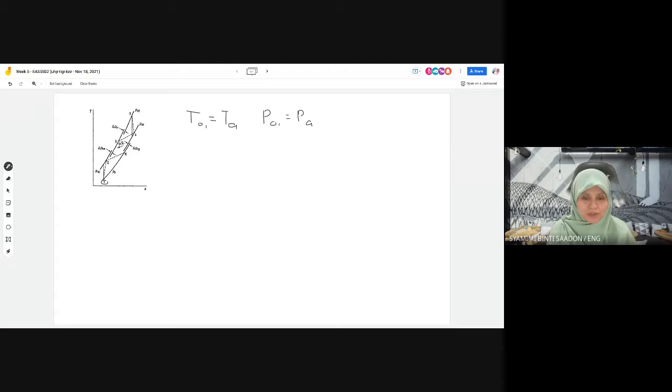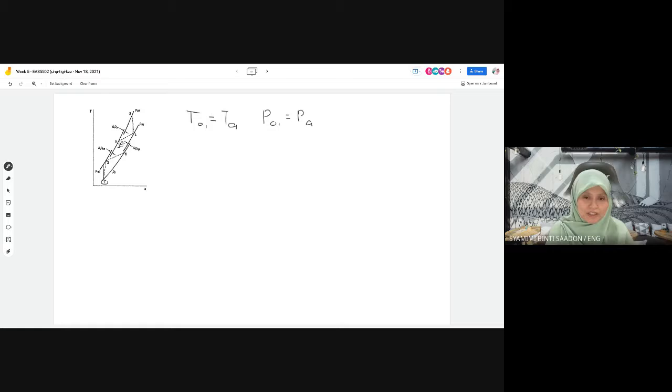So that's why we start with point number one, even though the question is to determine the specific work output. First, point location number one, settled. We have the temperature and pressure according to the ambient. And then next is point number two, which means after the compression process, after the compressor.